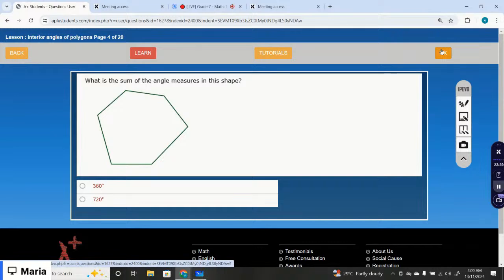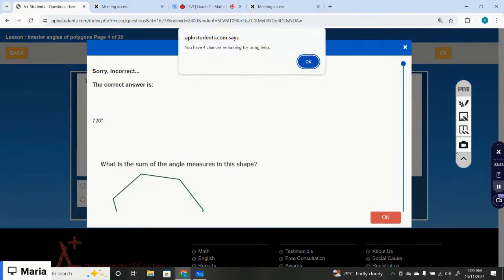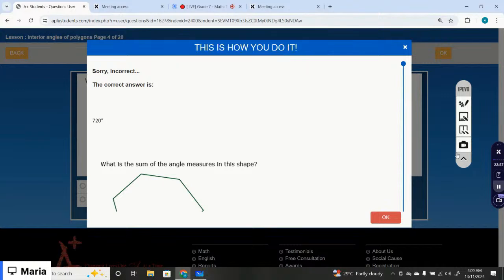What is the sum of angle measures in this shape? So which is the correct option? That is 720 degrees, right? Hold on, let me just see.